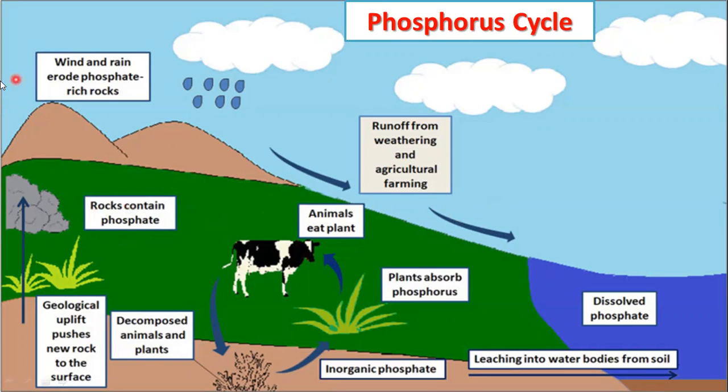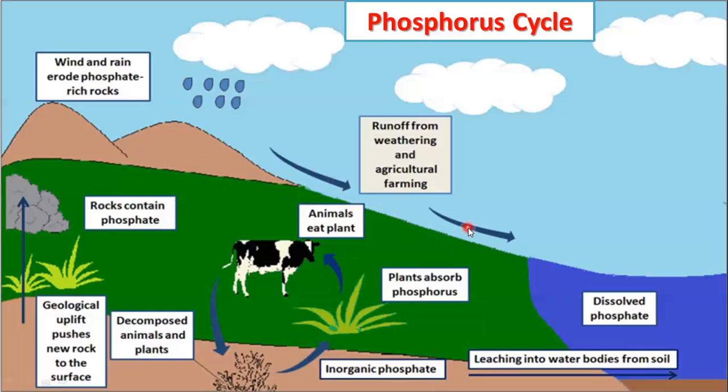atmosphere. And when raining occurs, and this raindrop is collected at the Earth's surface, some of the phosphate gets mixed into that rainwater, and during this weathering process or during this runoff of water from the earth's surface, the phosphorus flows from this earth's surface through this runoff towards the river.